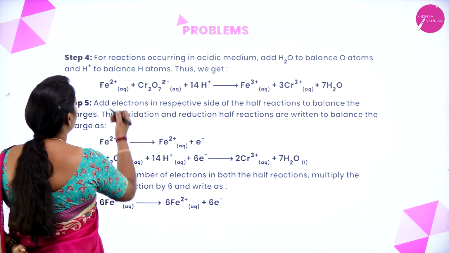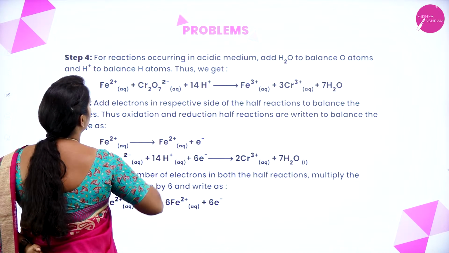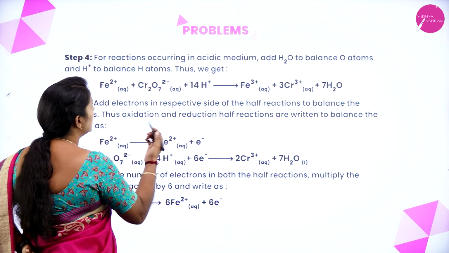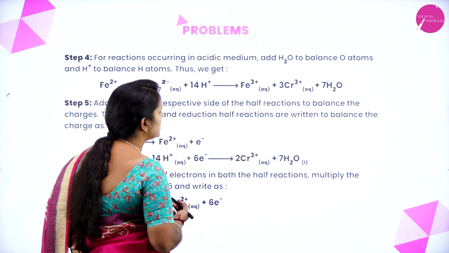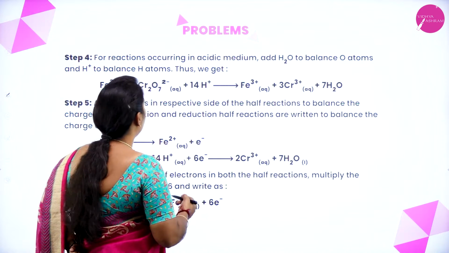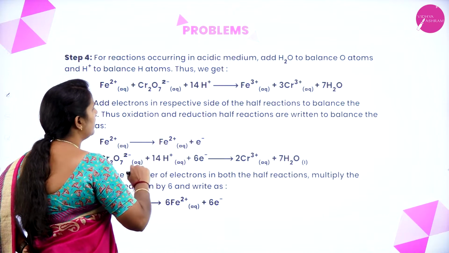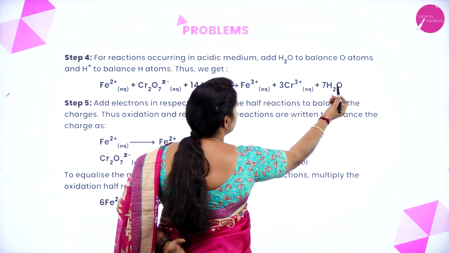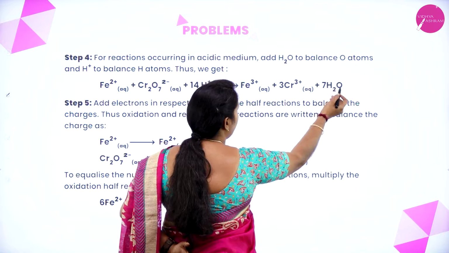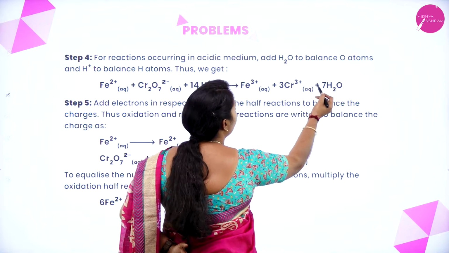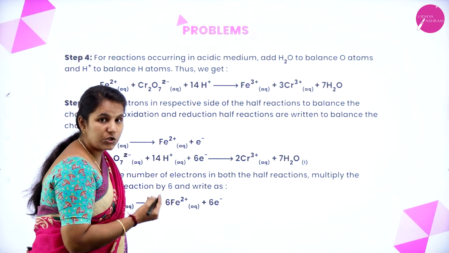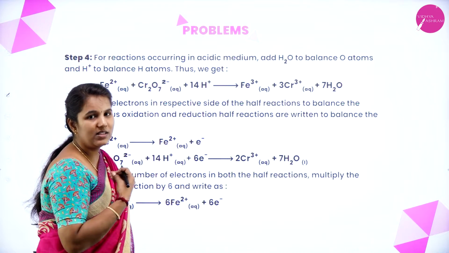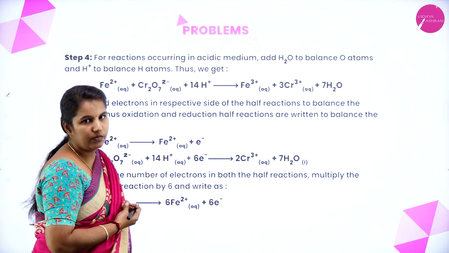So we get Fe2+ and Cr2O7 2- giving Fe3+ and 2 Cr3+. There are 7 oxygen atoms, so I will write 7 water molecules, which gives 14 hydrogen, so I have to write 14 H+ ions on the left hand side of the reaction.